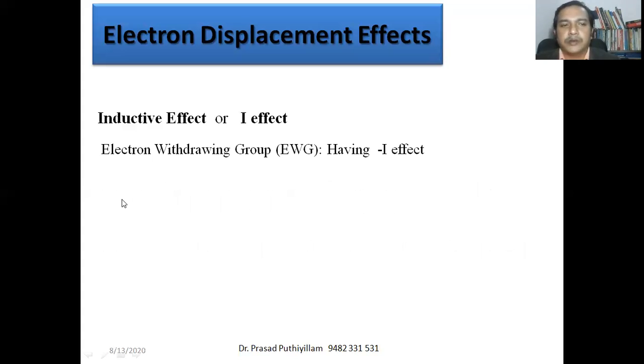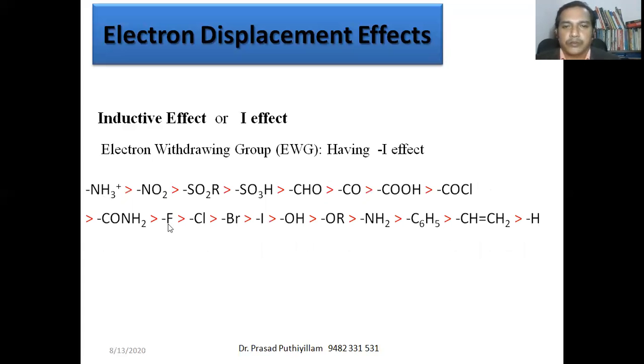For example, groups and atoms which show minus I effect are ammonium ion, NO2, alkyl sulfonate, sulfonic acid, aldehyde, ketone, carboxylic acid, acyl chloride, amide, fluorine, chlorine, bromine, iodine, hydroxide, alkoxy, amine, amino group, aryl group that is C6H5, benzene, benzyl group, or even a molecule with a double bond.